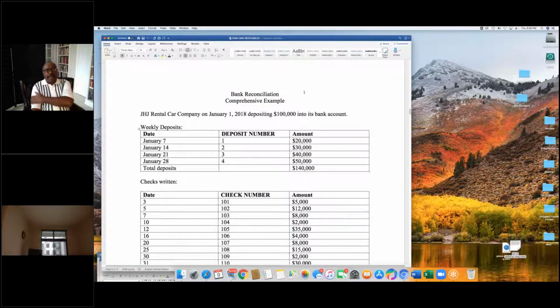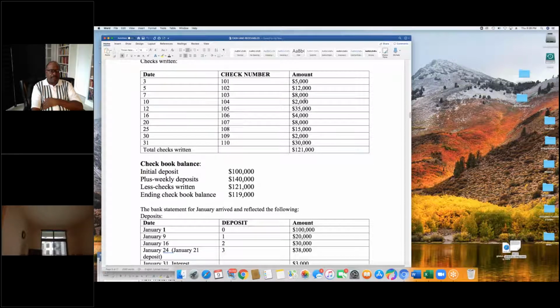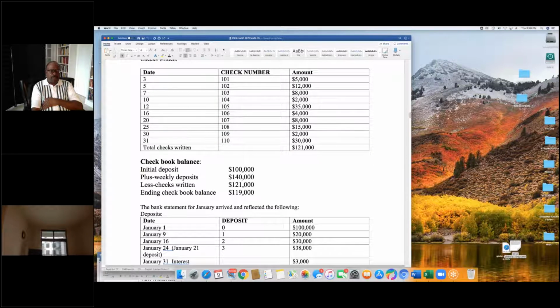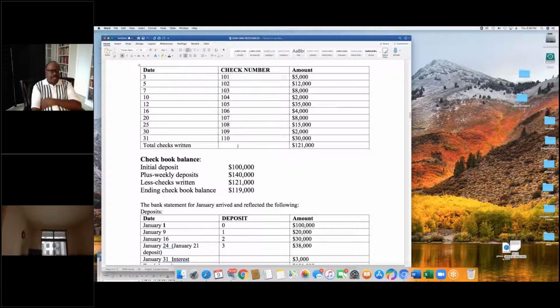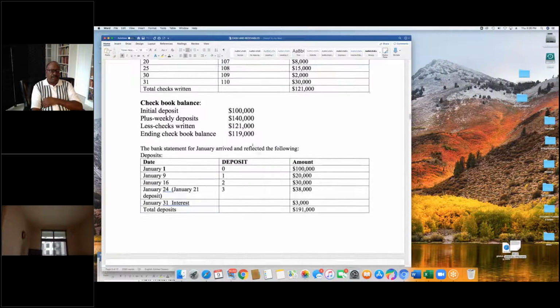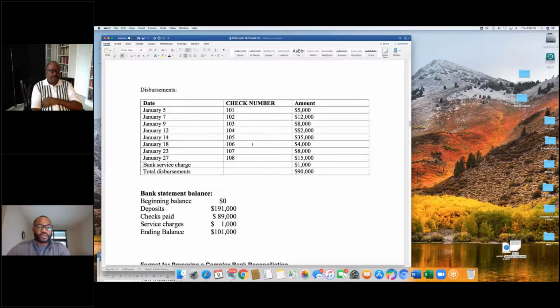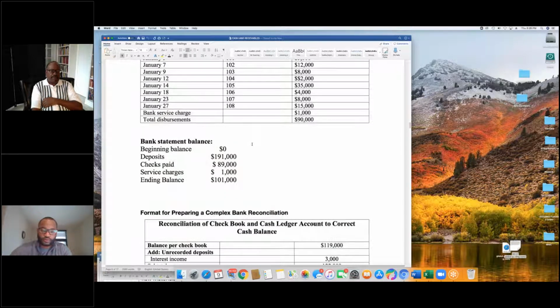So you will have a bank reconciliation, and let's just assume a bank statement.